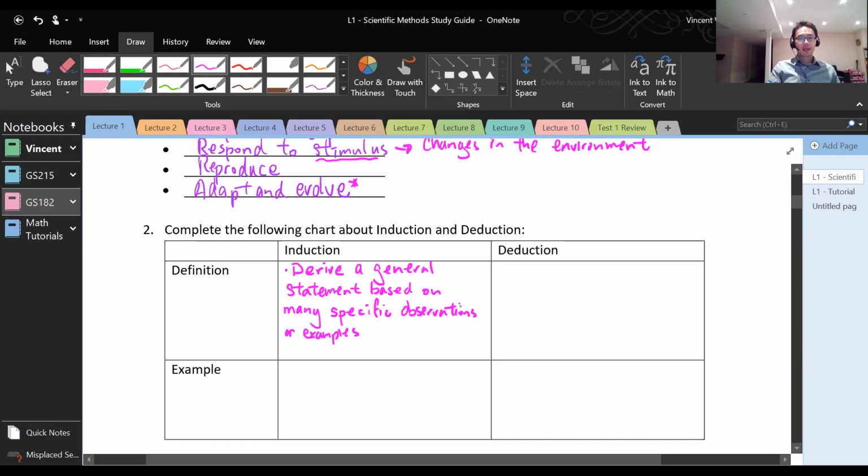So that is going from specific to general.